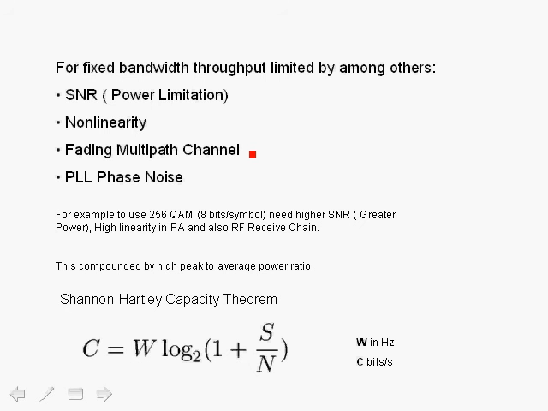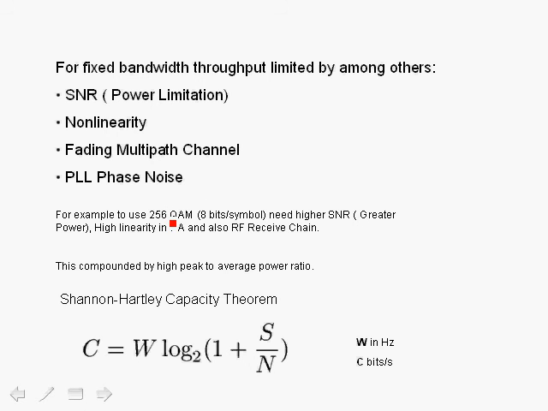One is of course intersymbol interference and the need for channel equalization, and also the fact that you have deep fades, and for particular carriers or frequencies you have very low SNR that degrades the performance. You have phase noise in the PLL and other non-idealities that limit the number of points that you can have in a constellation, and therefore the throughput you can achieve over a band limited channel.